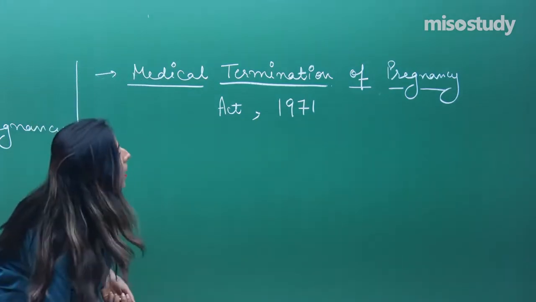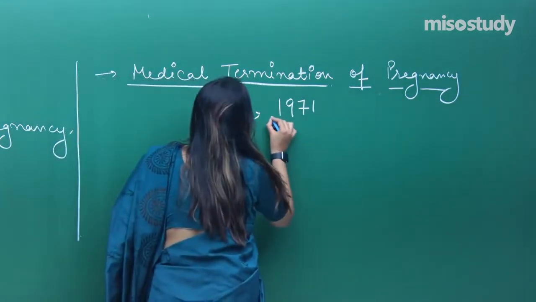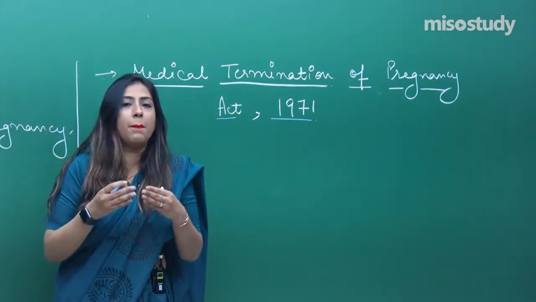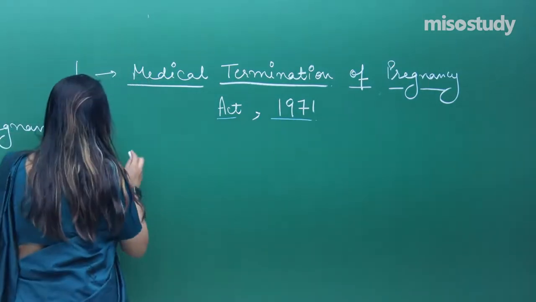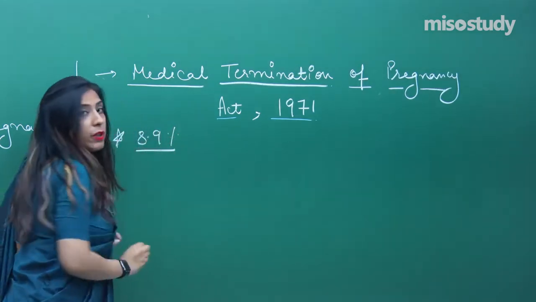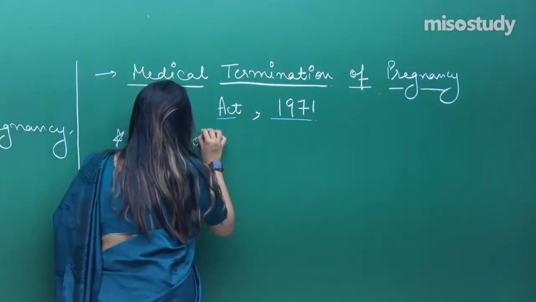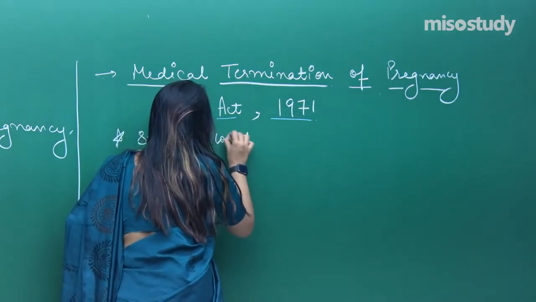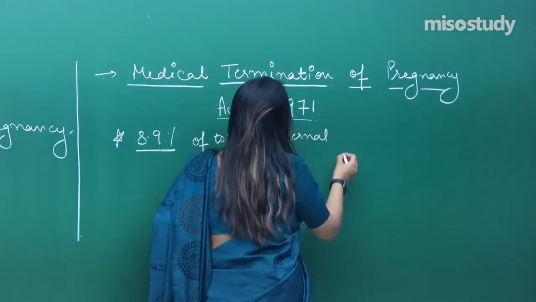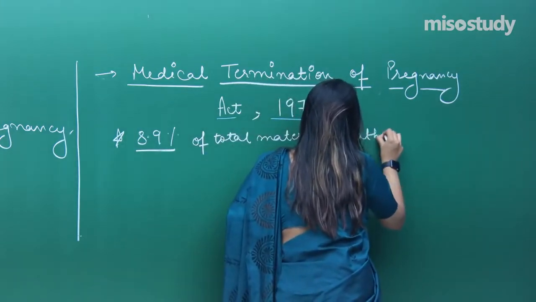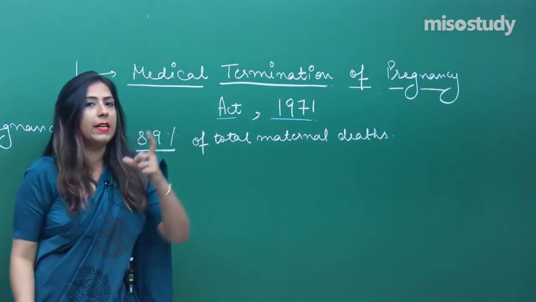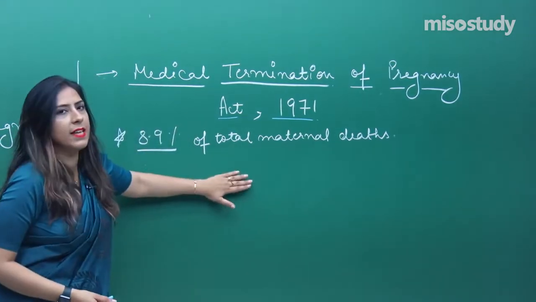Just because there were so many deaths. 8.9% of the total maternal deaths in India were because of unsafe pregnancy, right?